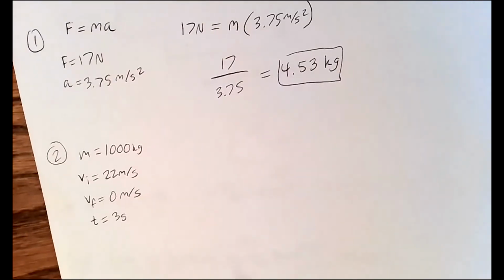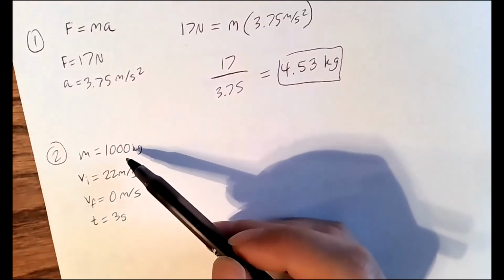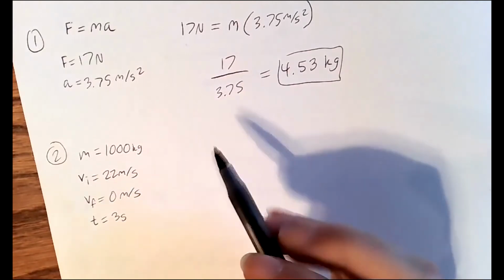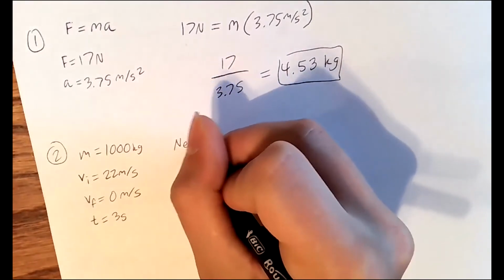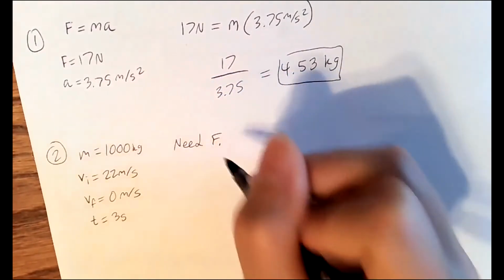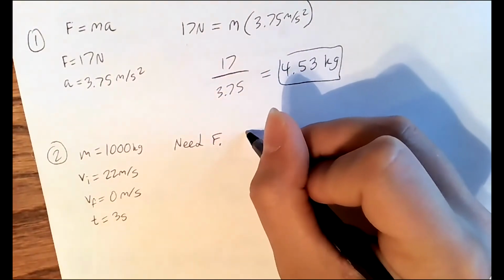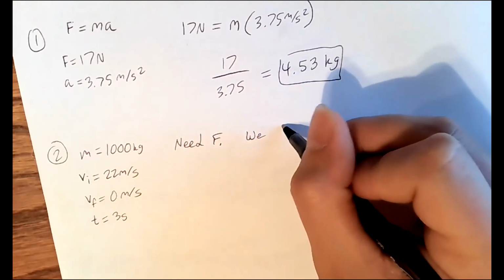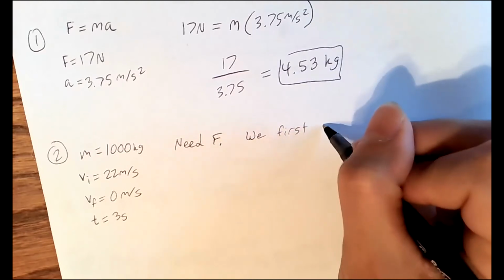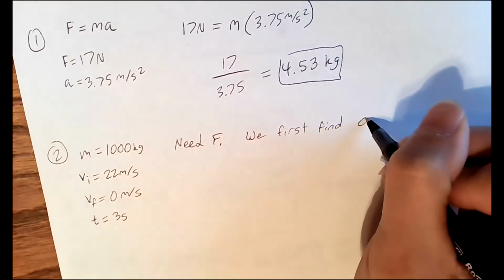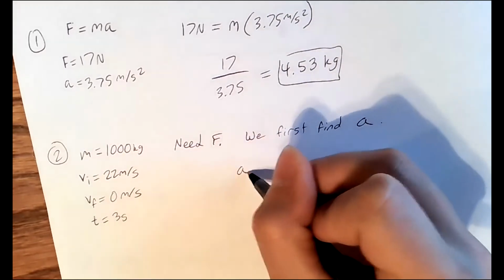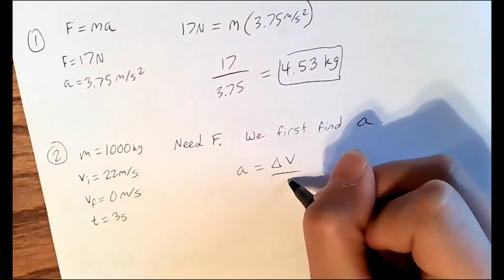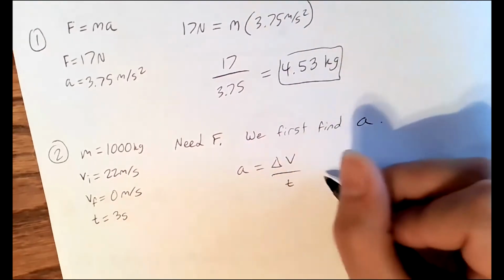Okay. So we have m. We have the initial and final velocity and t, but we need F. So we need to first find A. And we know that acceleration equals delta V over t.